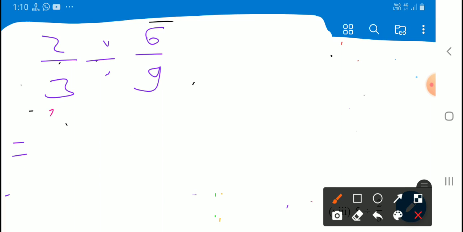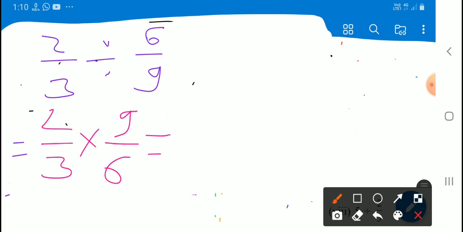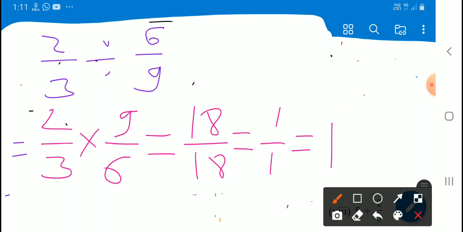First term as it is. Then I will write the multiplication sign and the reciprocal of 6/9, it is 9/6. And the same method I will follow here, that of multiplication of rational numbers. 9 2s are 18. 6 3s are also 18. So here the answer will be 1/1, which is equal to 1.